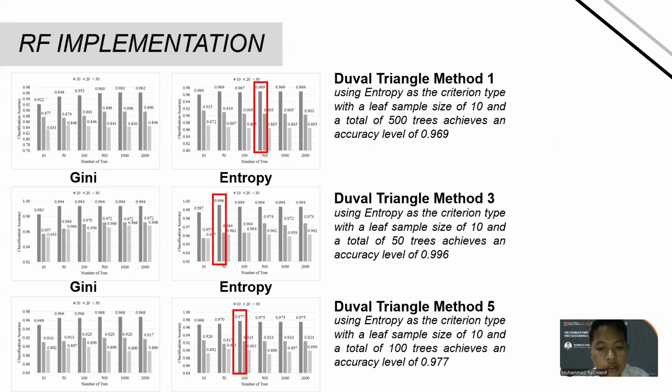And for the last one, Duval triangle method 5, using entropy as criterion type with a leaf sample size of 10 and a total of 100 trees, achieving an accuracy level of 0.97.